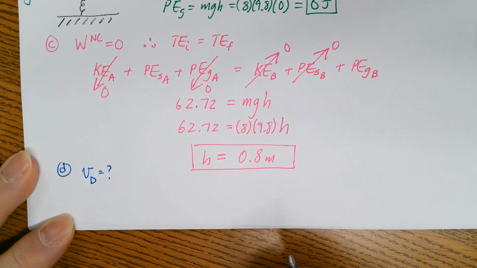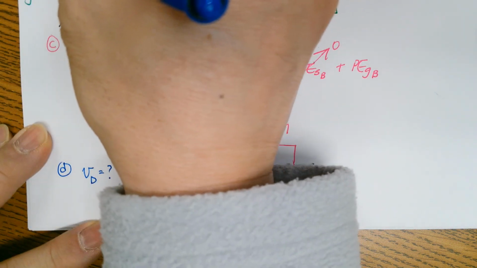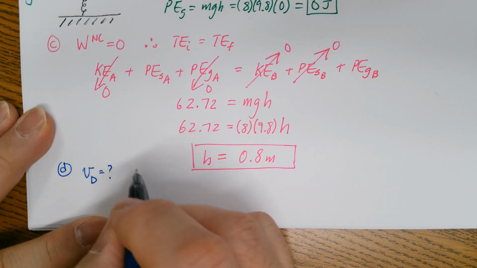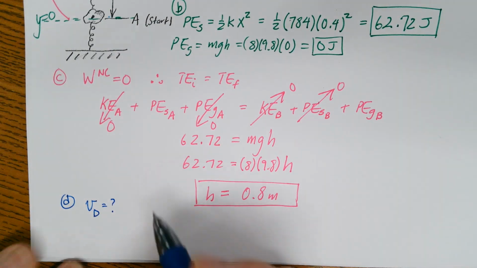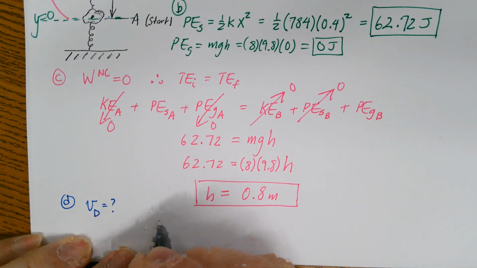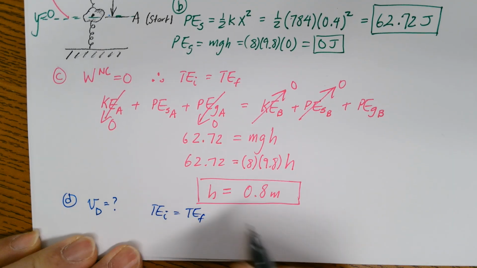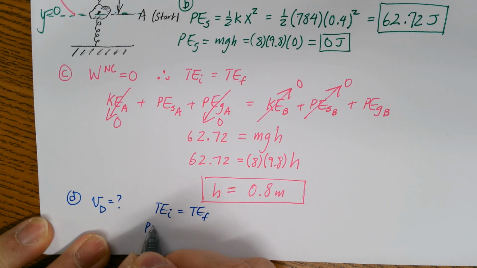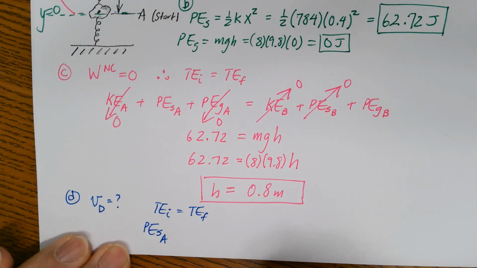All right, let's take a look. Well, at D, we could compare this as our initial again, which is total energy initial is equal to total energy final. Initially, I only have potential energy of spring at A. We already established that.